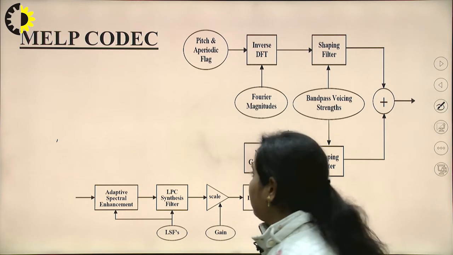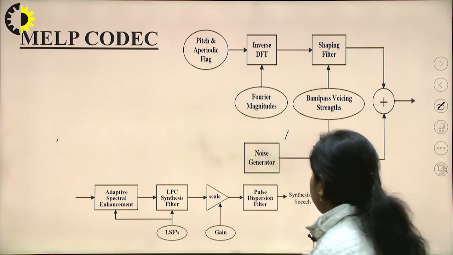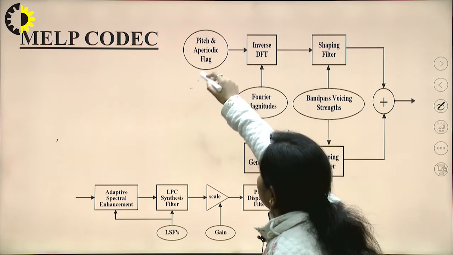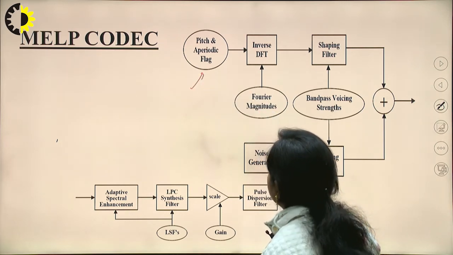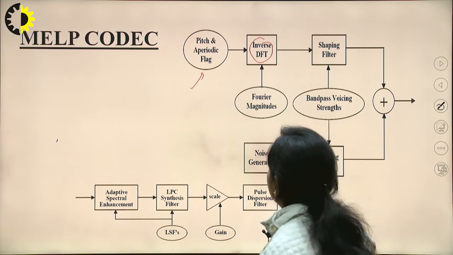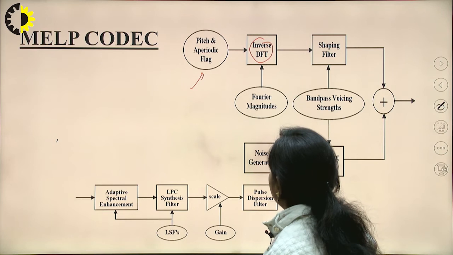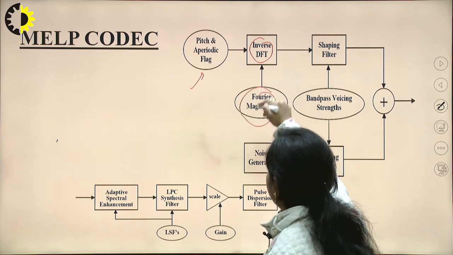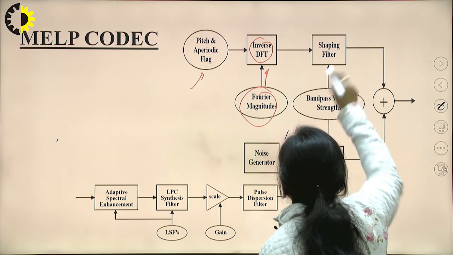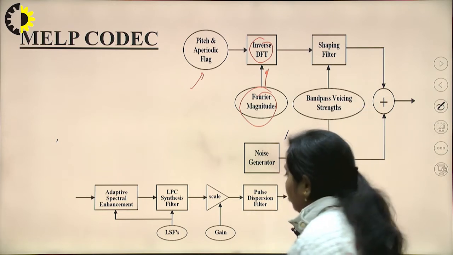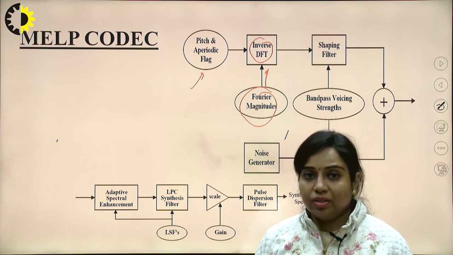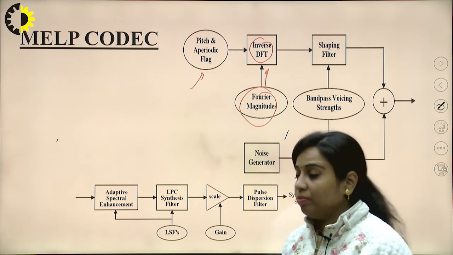Now for MELP, there are two diagrams associated with it. This is the analysis part, this is the synthesis part. In this one, pitch and the aperiodic flag are applied to this inverse DFT, that is the discrete Fourier transform, and to this we require different Fourier magnitudes as an input. Then it passes through a pulse shaping filter, which reduces the effect of the noise that will be generated inside the system before it is transmitted.